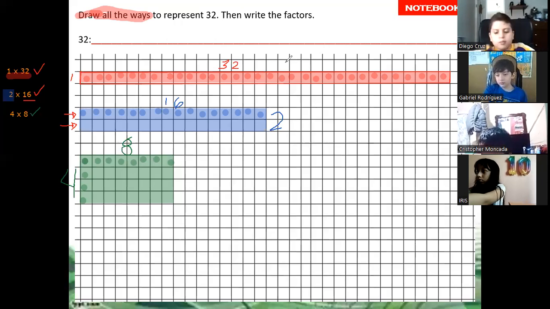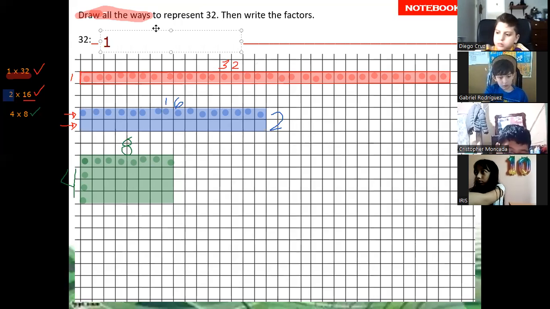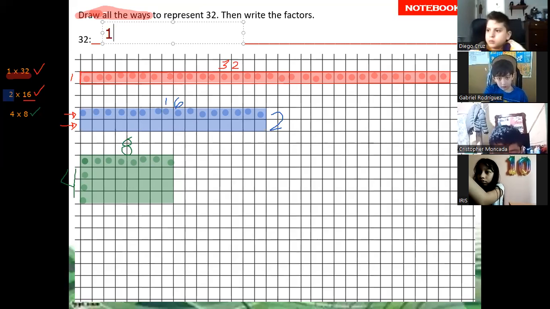You got it? So here, what are you going to write? You have to write the factors from least to greatest, separated by a comma. The first factor is 1, comma. What is the next factor? I am working with this one, from least to greatest.